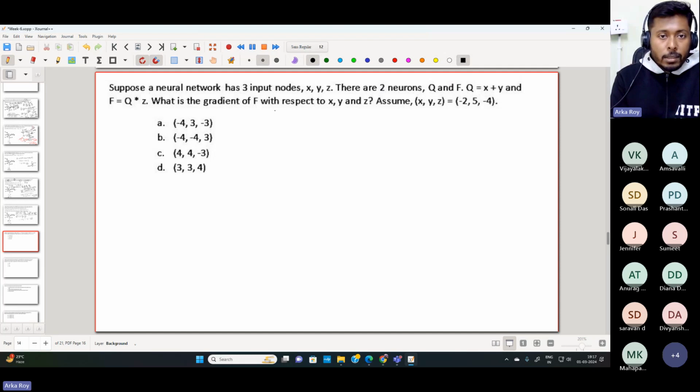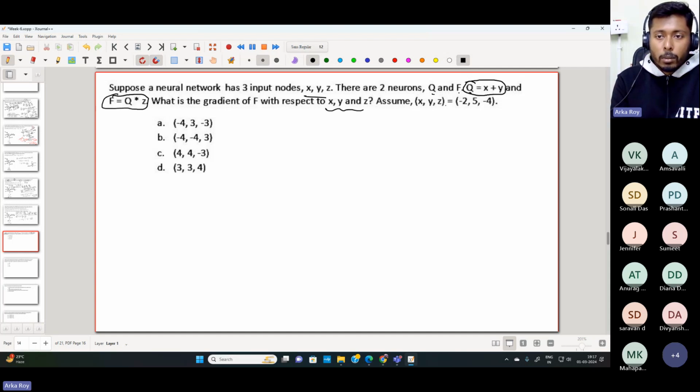Okay, the next question says that suppose you have a neural network with 3 inputs X, Y, Z. There are 2 neurons Q and F, where Q operates as X plus Y and F operates as Q into Z. What is the gradient of F with respect to X, Y, Z?